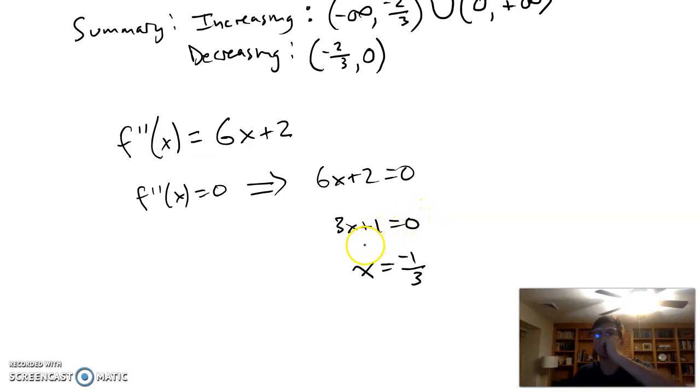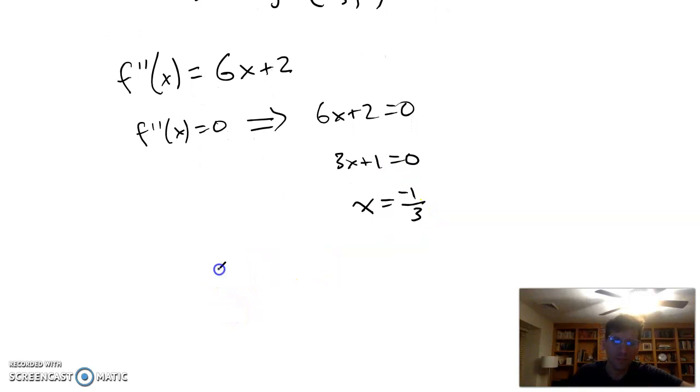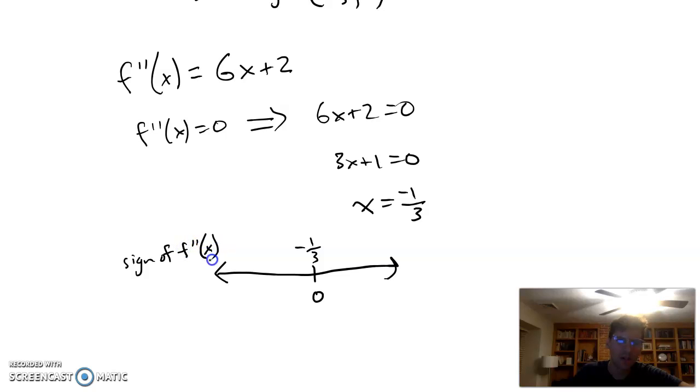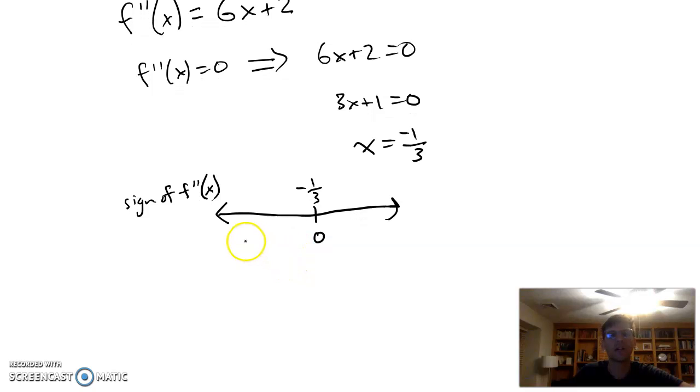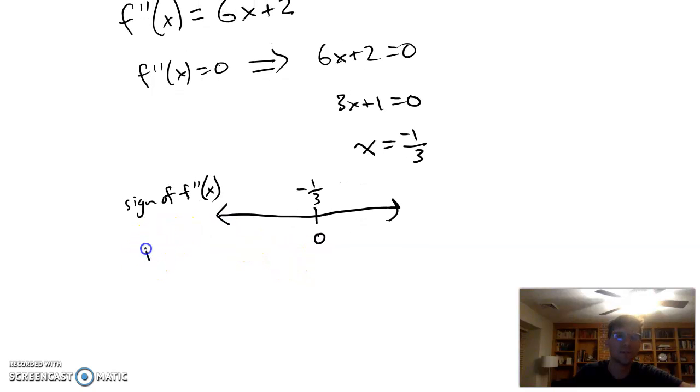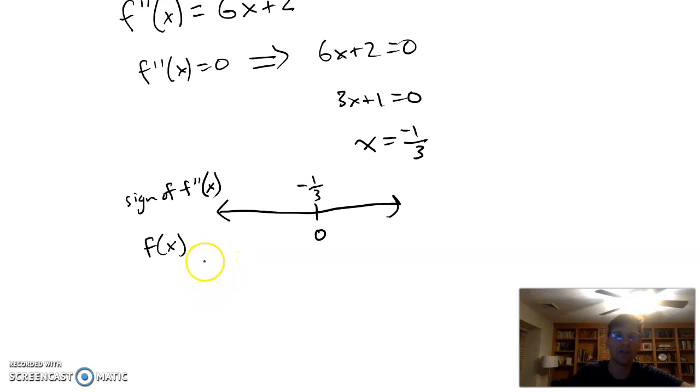Okay, so at negative 1/3, we could test now concavity here. At negative 1/3, our second derivative is 0. So this is the sign, and we can see where it is concave up and where it is concave down, and what that tells us about f of x in terms of concavity.